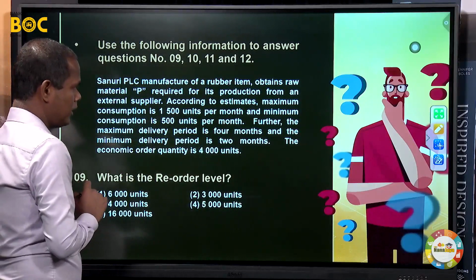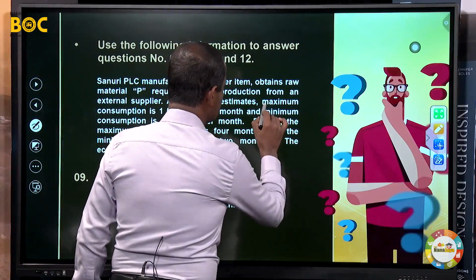Production from the external supplier, according to estimates.